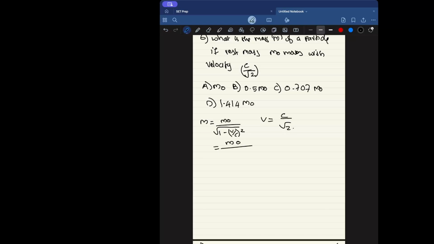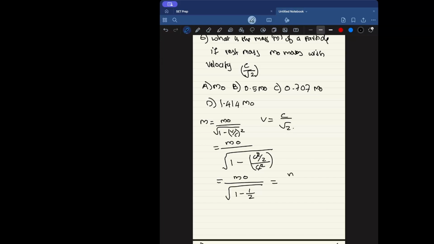m0 by root over 1 minus v square, meaning c square by 2 divided by c square. So you can cancel c and c. What you'll get is m0 by root over 1 minus 1 by 2.